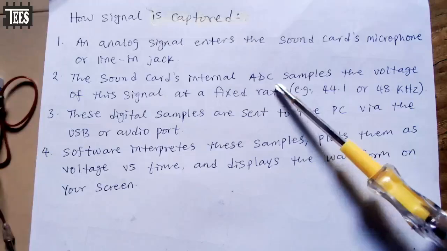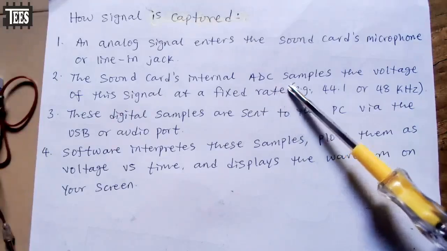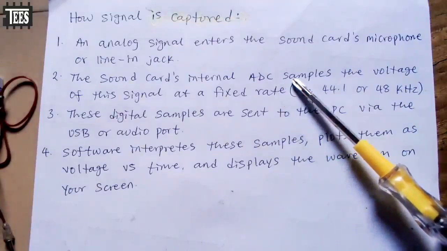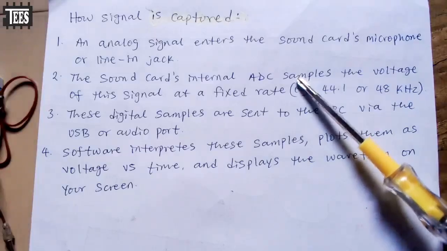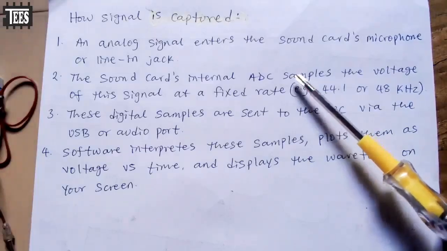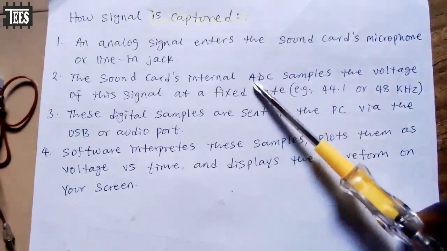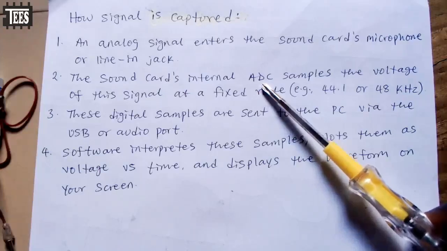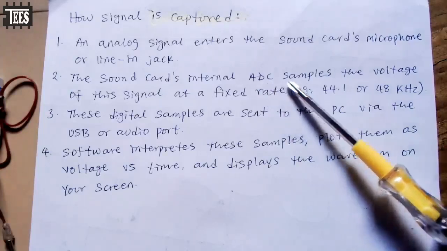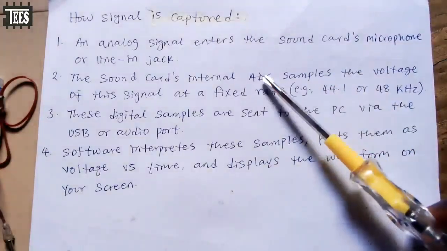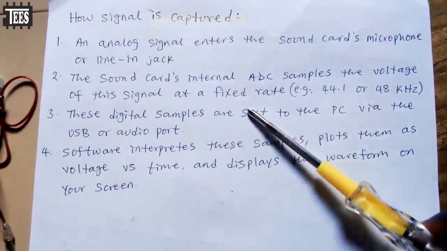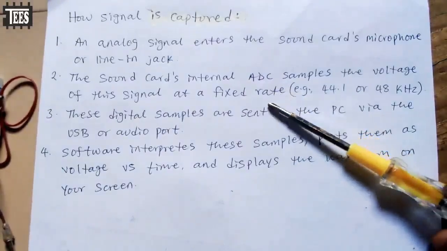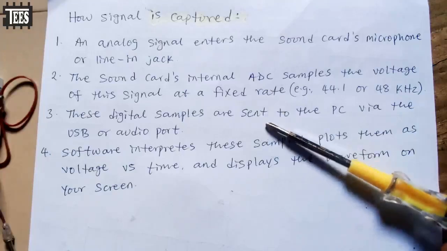Now, when you take a microphone, you plug into your mic input jack on your sound card, and you click on the record button of whatever software you are using for recording. As you are talking, your microphone converts sound energy into electrical energy. It goes through the cable to the ADC input on your sound card, and then the sound card converts this to digital format and saves it in your computer.